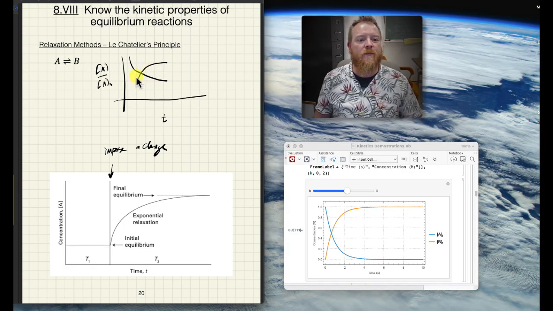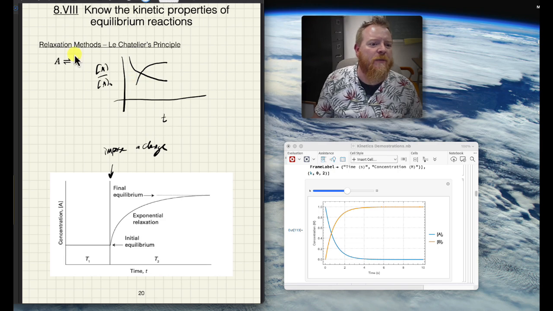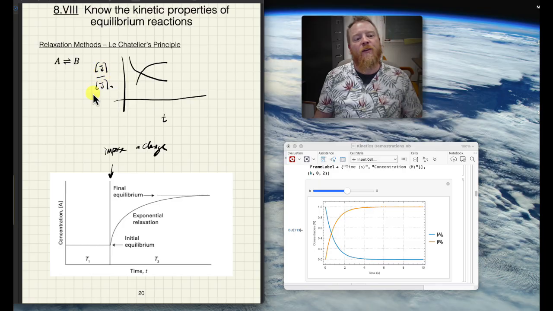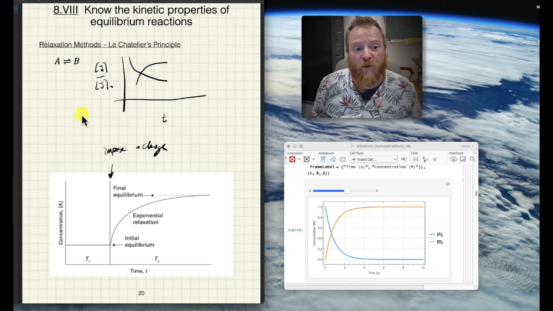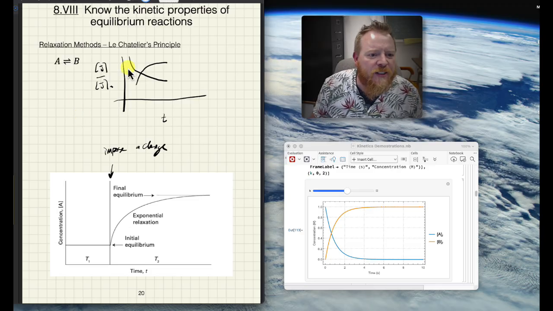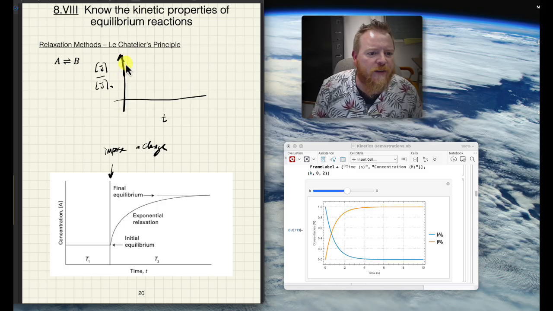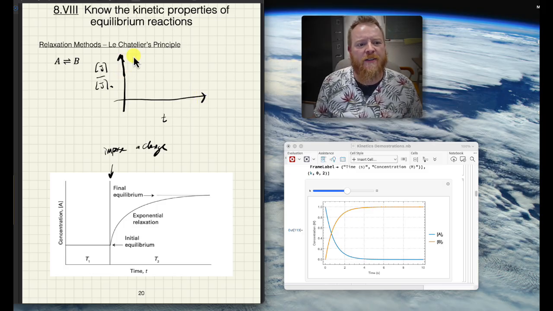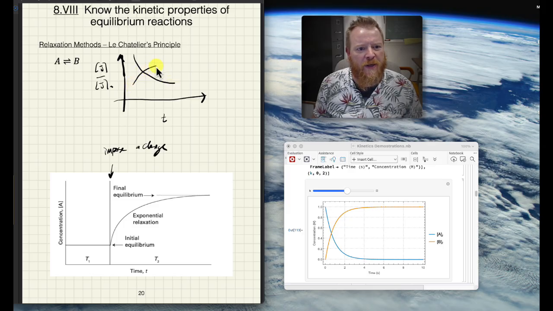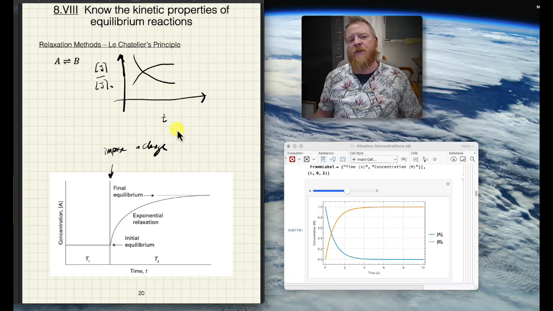To make that clearer, we should note that this concentration scale is generic. So I'll write J, noting that that could be the ratio of concentrations of A or the ratio of concentrations of B. Actually, I hate the way I drew this, so let's start again and make this look nicer. Okay. So we've got this exponential decay in A, and we've got exponential growth in B. And now they achieve some type of equilibrium.